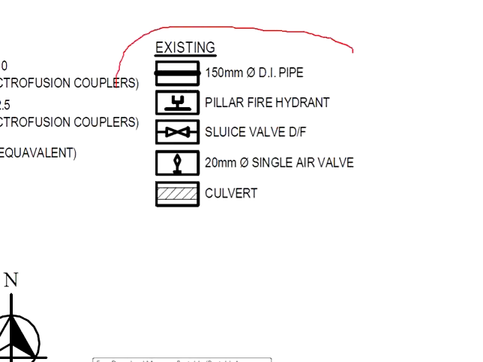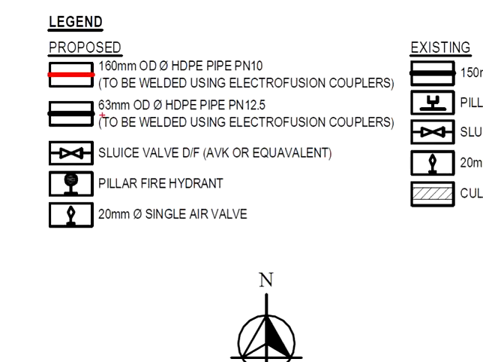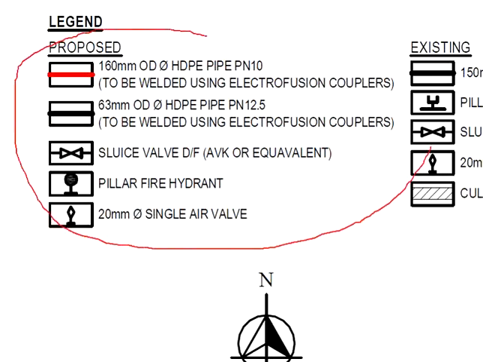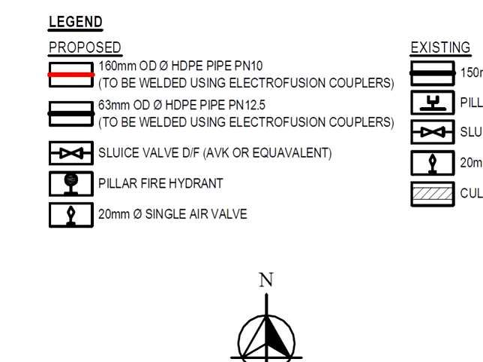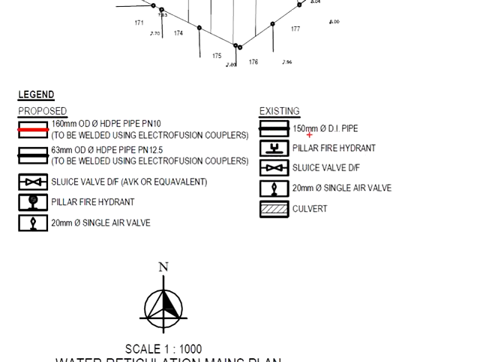Now that we are done with the existing water reticulation system, let us look at the proposed water reticulation system for this particular project. The existing mains use the DI pipe, the ductile iron pipe. Now the new development here uses the HDPE pipe. HDPE stands for high density polyethylene. That means the pipe is made of polymers.